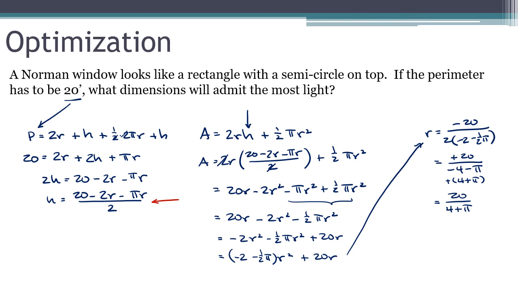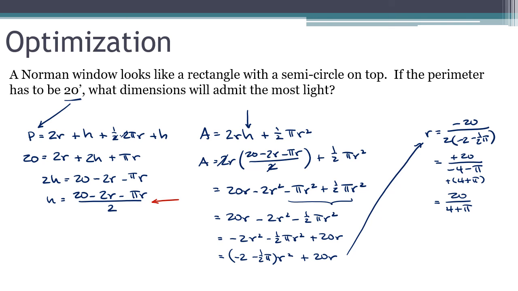So we're going to need to go to decimals. And if you do that, I've got my calculator over here. I'm going to do 4 plus pi. And I'm going to divide 20 by that, and we get, oh, we don't get that.